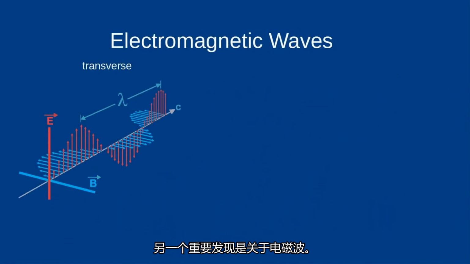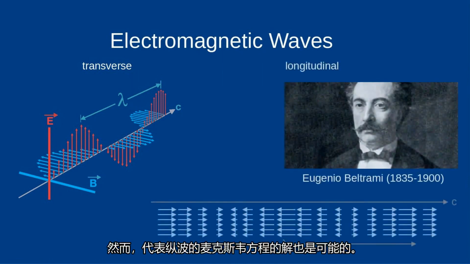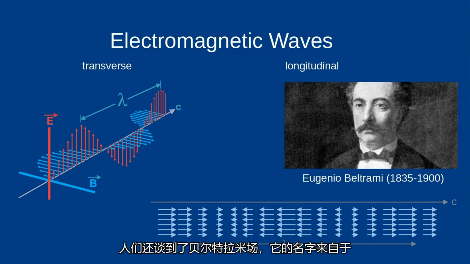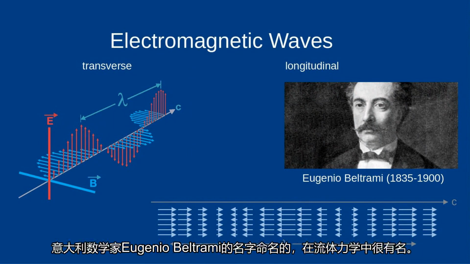Another important finding concerns electromagnetic waves. In standard physics, they are considered to be transverse waves. These are waves that oscillate perpendicularly to their direction of propagation. However, solutions to Maxwell's equations that represent longitudinal waves are also possible. One also speaks of Beltrami fields, which are named after the Italian mathematician Eugenio Beltrami and are known in fluid mechanics.